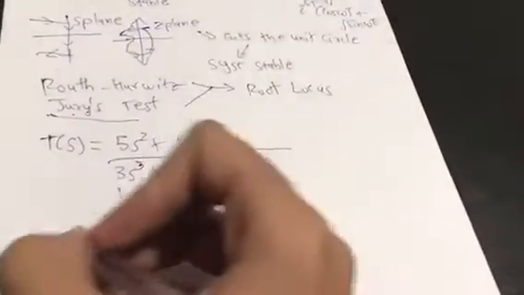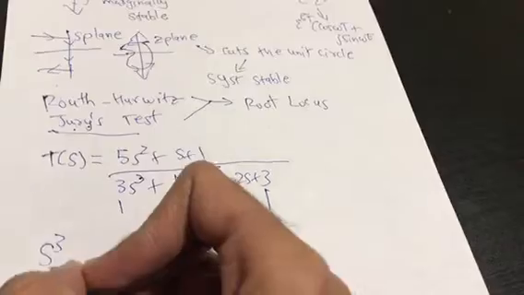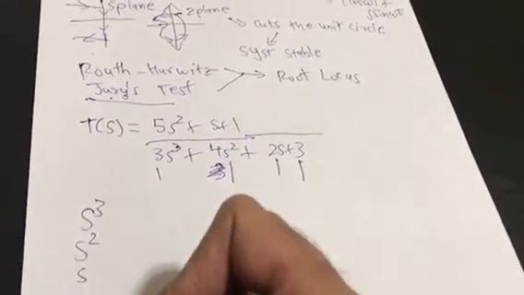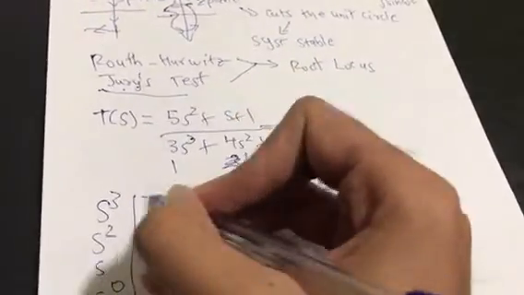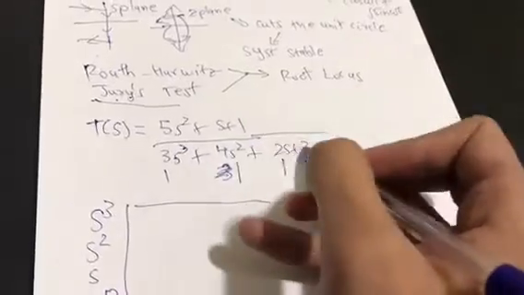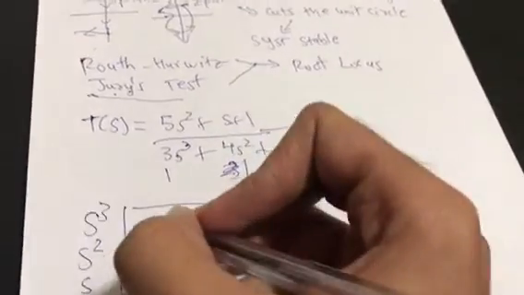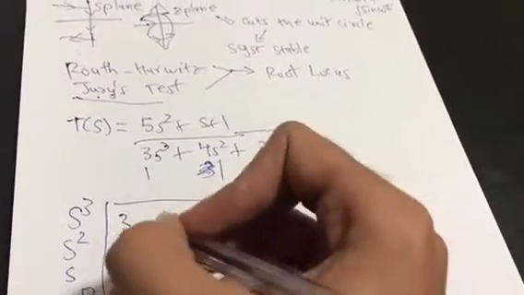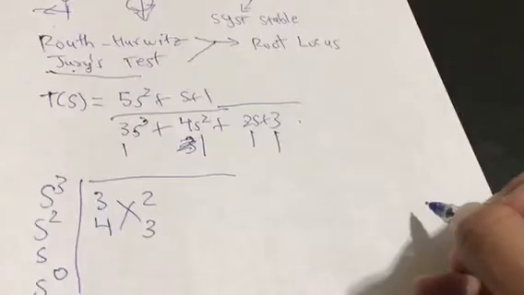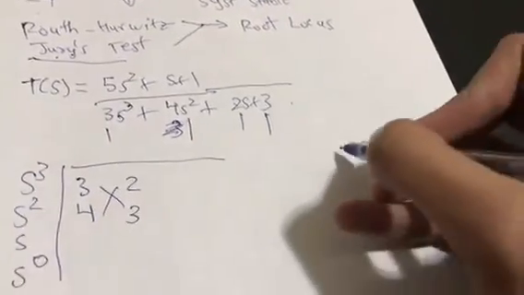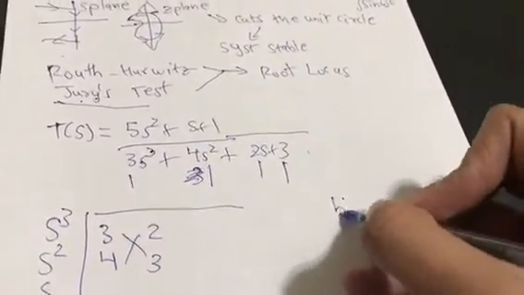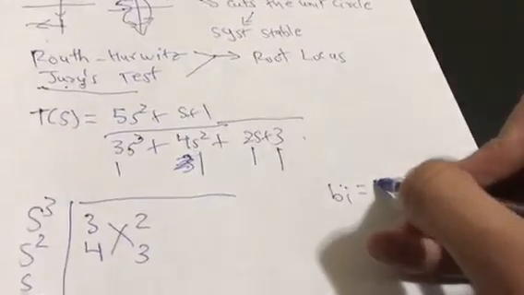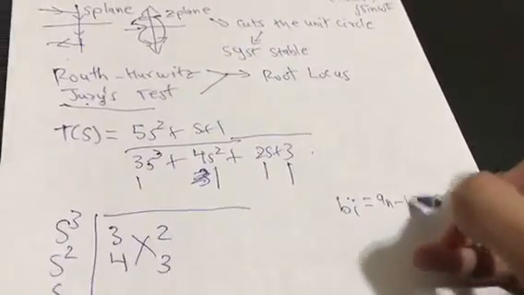Alright, so s cubed, s squared, s, and s raised to 0. So we take first these two, 3 and 2 first, and 4 and 3 second.